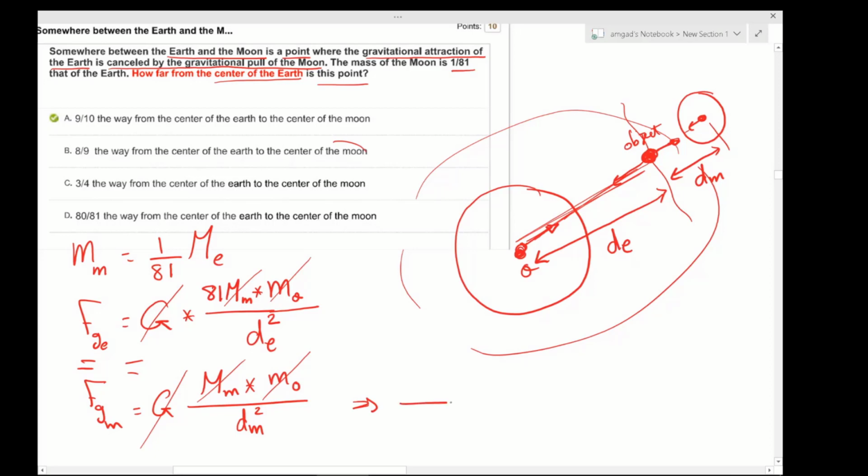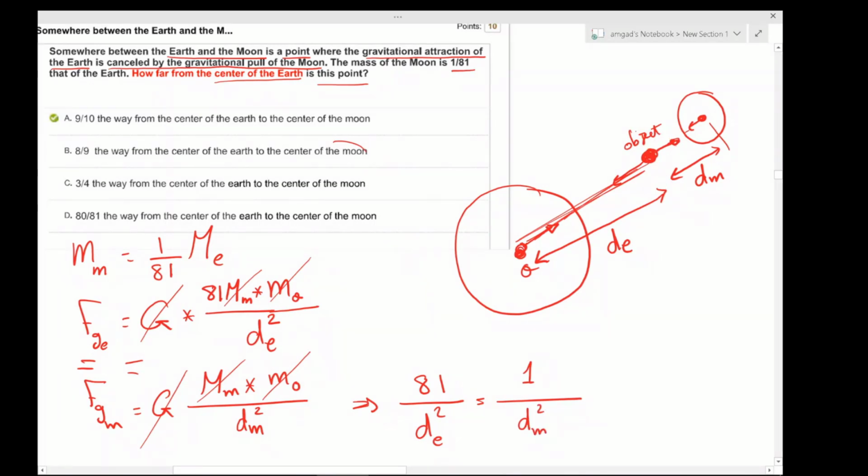At the end, what's the leftover? 81 divided by the distance to the Earth squared equals 1 over the distance to the Moon squared. So now we can solve it. Let's take the square root of everything. The root of 81 is 9, and the root of 1 is 1.